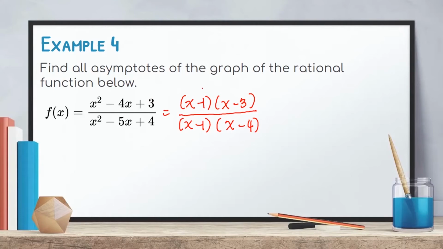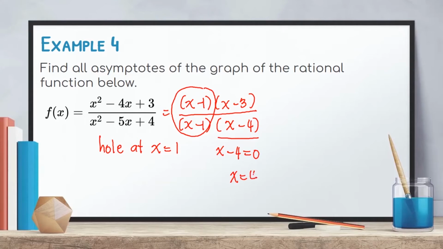Since x minus 1 is the common factor, the hole is at x equals 1. Moreover, for the vertical asymptote, equate the remaining factor of the denominator to 0. So we will have x minus 4 equals 0 and solve for the value of x. Therefore, we will have x equals 4. Therefore, the vertical asymptote of our rational function is the line x equals 4.